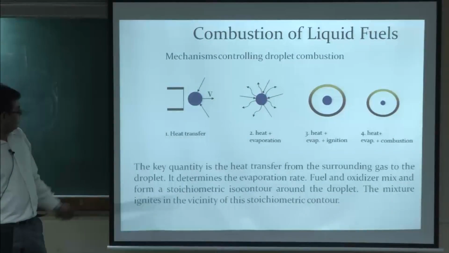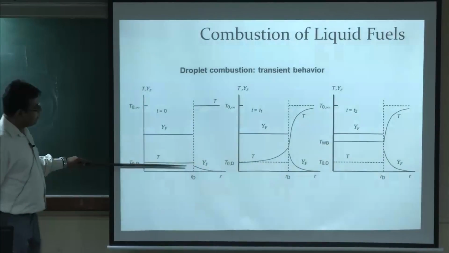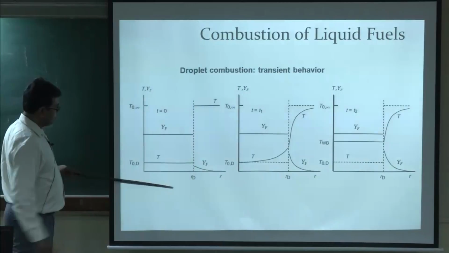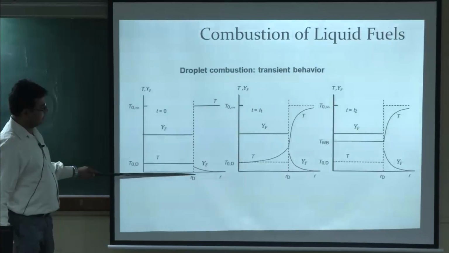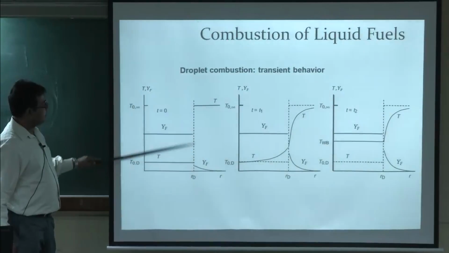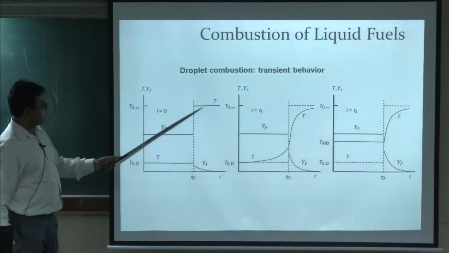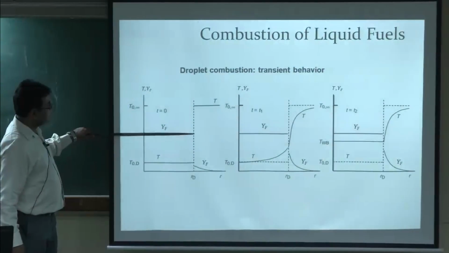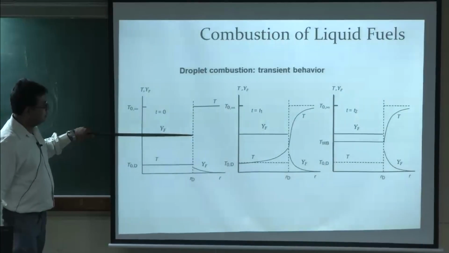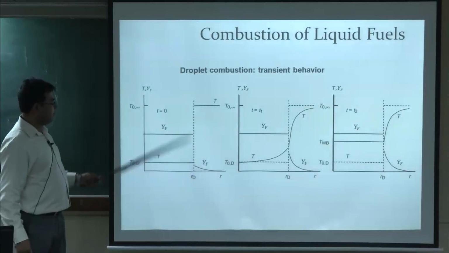So, the key quantity is the heat transfer from the surrounding gas, as I said, that governs the evaporation. Now, when the droplet is injected at the initial temperature, let us say T0D, and this is the droplet radius RD, initially there is a discontinuity at the surface of the droplet. Here the temperature is T0 infinity, the ambient temperature, and the fuel mass fraction YF within the droplet is basically unity, there is nothing else, and at the surface there is a discontinuity.